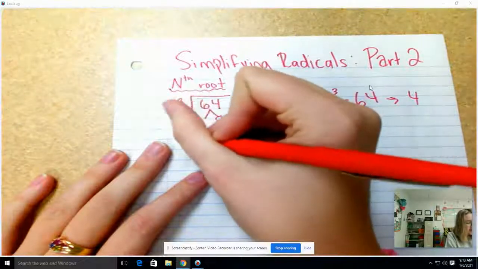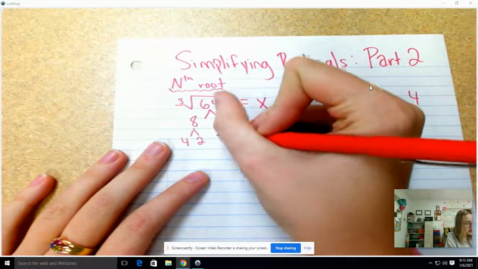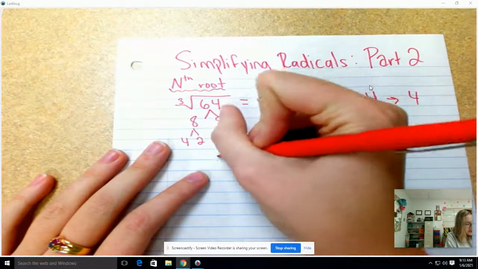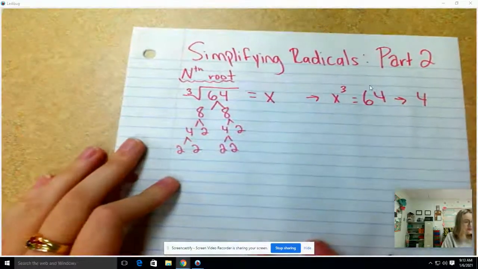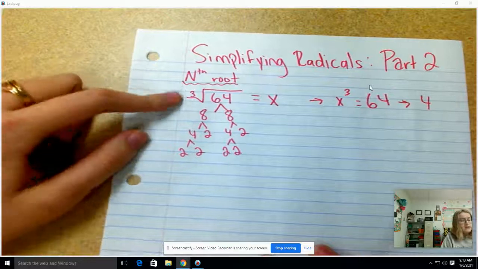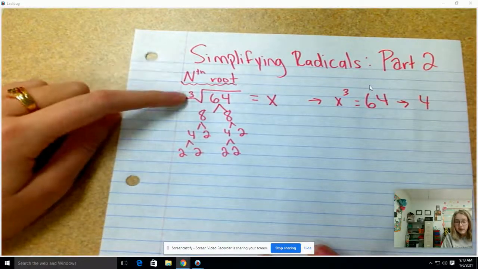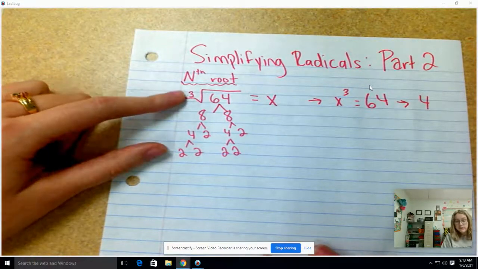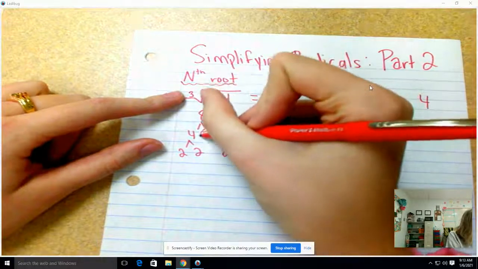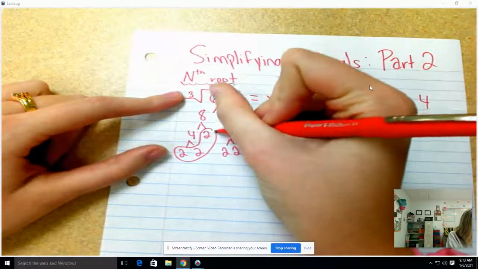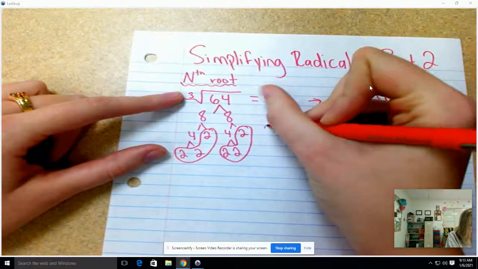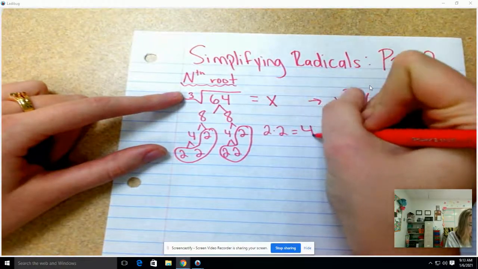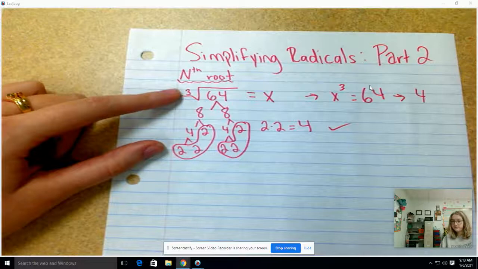We can break that down into 4 and 2, 4 and 2, 2 and 2, 2 and 2. Because our index is a 3, we're not looking for pairs, we're looking for groups of 3. I have 1, 2, 3 twos right here, and 3 twos right here. That's going to give me 2 times 2, which is 4.